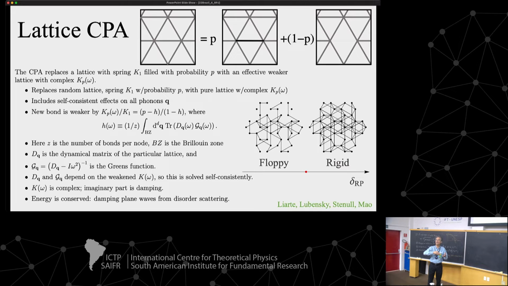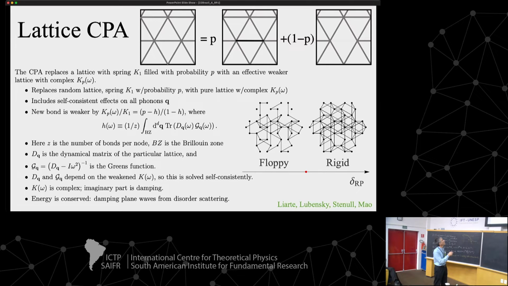And that will be like dissipation. That will be like getting the damping of the phonon mode, the damping of that vibrational mode. And that damping, that integral over all possible phonons in the Brillouin zone is going to be part of the calculation that we do and that they did.